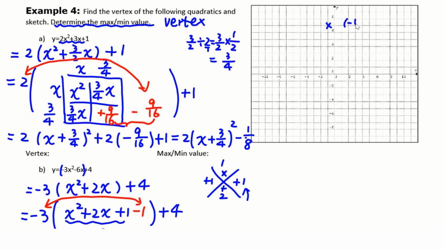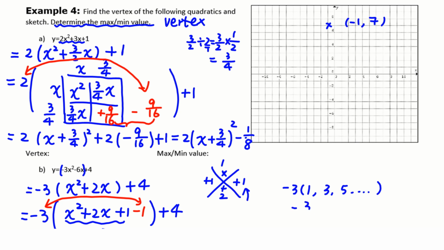After that, we are going to have the step pattern. -3 times 1, 3, 5 is the slope from the vertex.